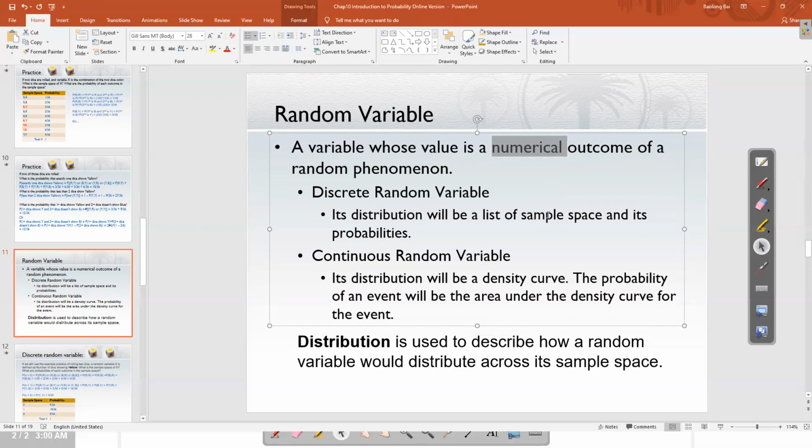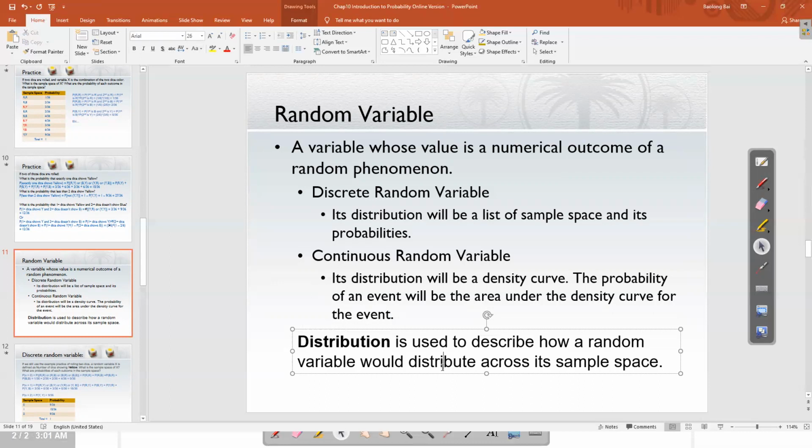So then that means the random variable will have 2 different types: discrete random variable and continuous random variable. So for the 2 different types of random variables, we have 2 different types of distributions. We could have a discrete distribution, and we could have a continuous distribution.